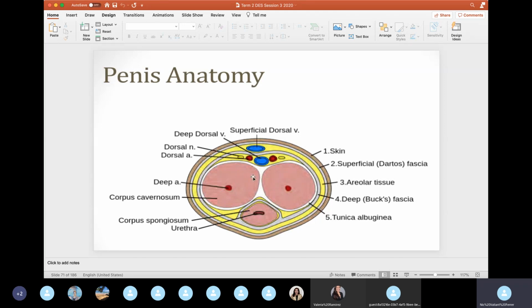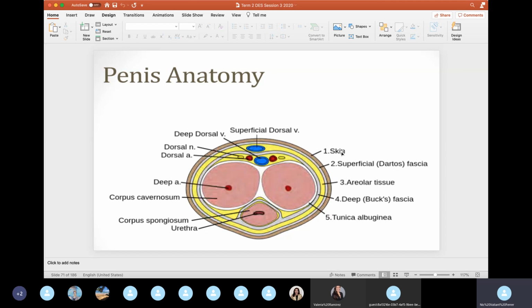The corpora cavernosa plus the corpus spongiosum, it is enclosed by what? The Buck fascia. Those are your high yield points. Another high yield point, your deep dorsal vein and superficial dorsal vein. This is high yield for what? For your erection or tumescence, right?